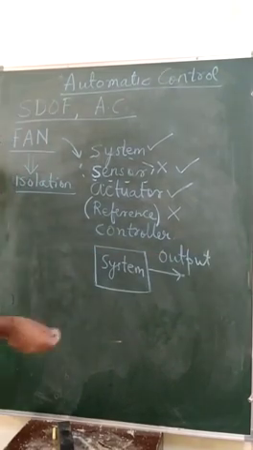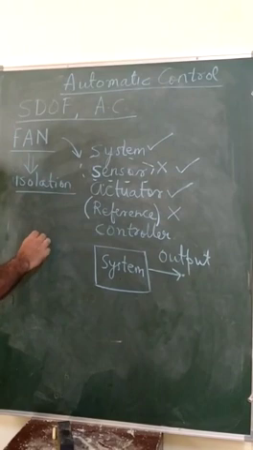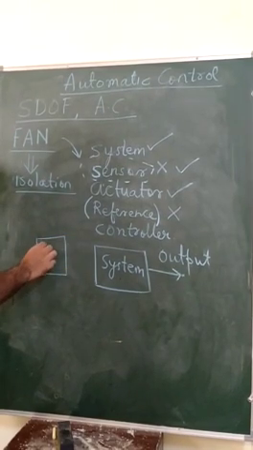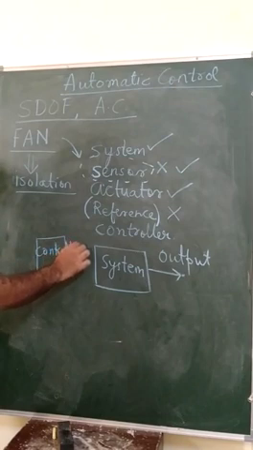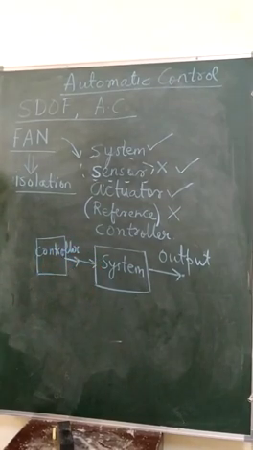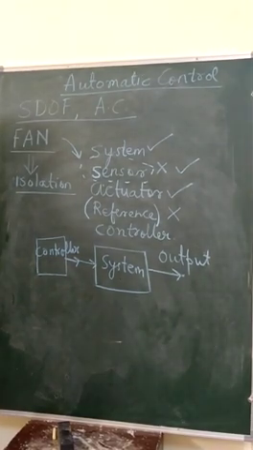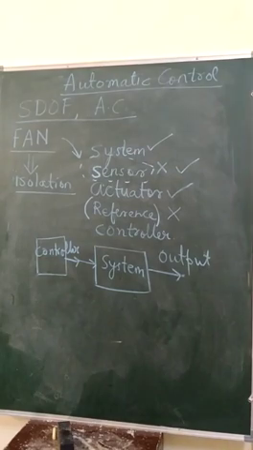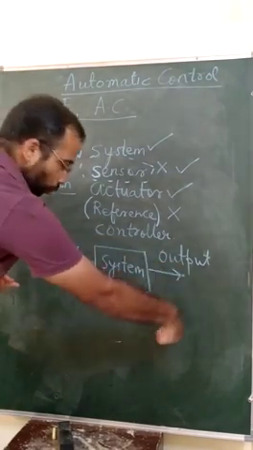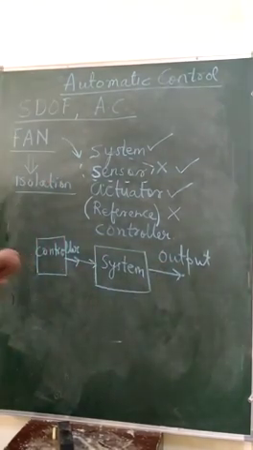But there is a controller. You are the controller who controls it. You operate the knob, which goes to the actuator and which ultimately goes to the system. There is no reference. There is some actuator in between. So what is happening here is this loop is not getting closed.